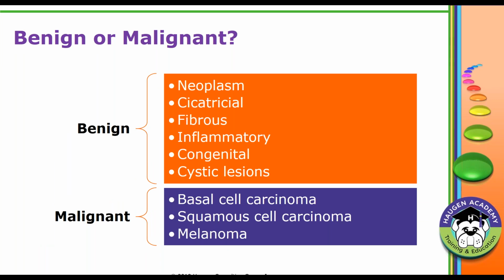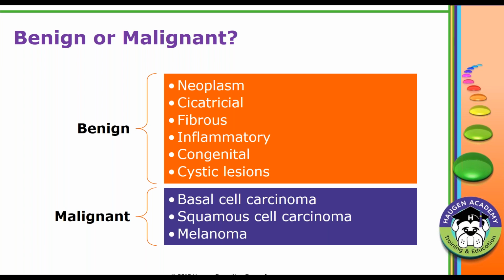Benign or malignant: you might be thinking ICD-10 right away, but it actually comes into play in both our diagnosis and our CPT for these lesions. There are 3 major types of skin cancers. We have basal cell carcinoma, in the purple box down below, and then squamous cell carcinoma.